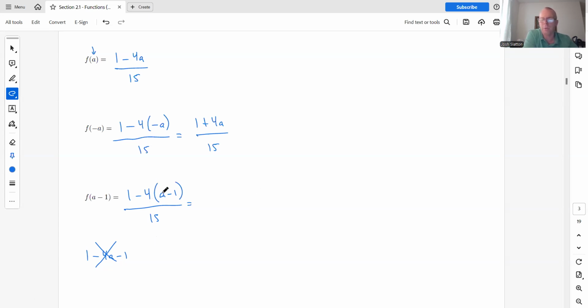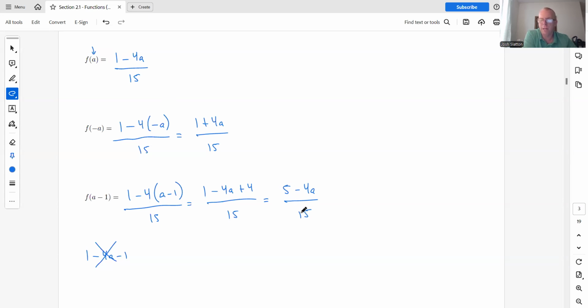So now we can distribute the 4. So you have 1 minus 4a, and then negative 4 times negative 1. That'll give us a plus 4 over 15. And so 1 plus 4 is a 5. 5 minus 4a over 15. And then, of course, you cannot cancel the 5 and the 15.